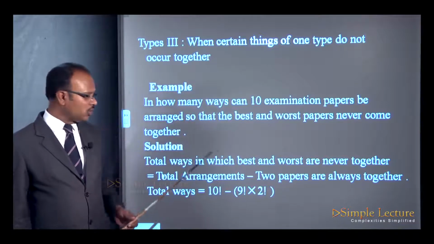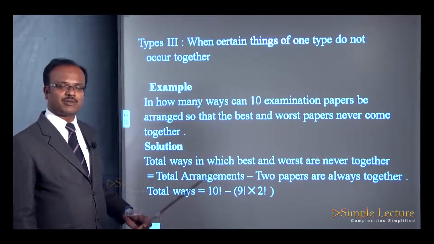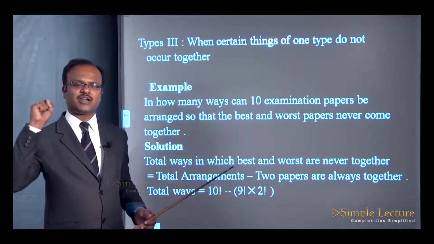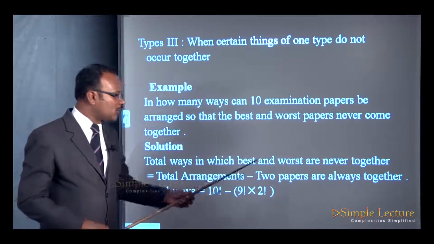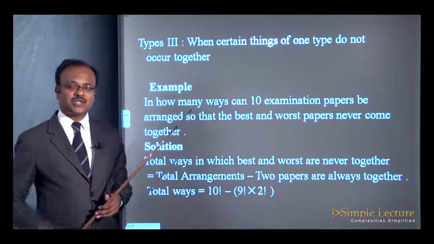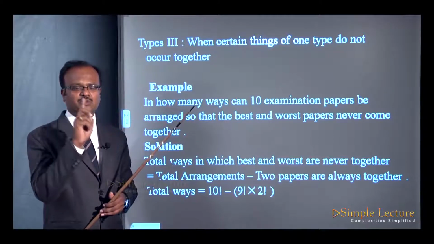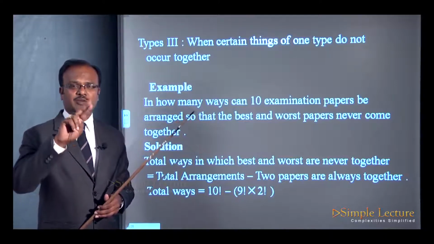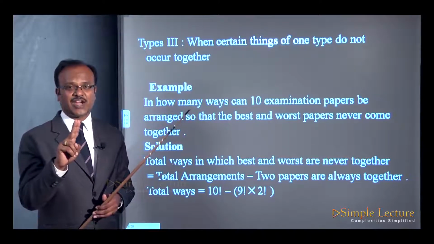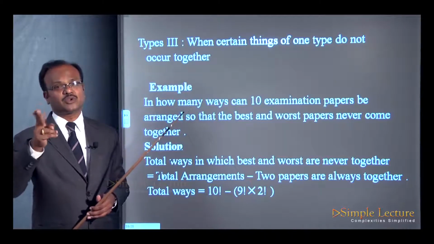Correct? So, the total arrangements will be 10 factorial, because taking all 10 examination papers at a time gives 10 factorial. Out of that, 2 papers are always together. That means these 2 papers make 1 unit. So, the remaining 8 papers plus this 1 unit make 9 units, giving 9 factorial, into these 2 papers further arranged in 2 factorial ways.